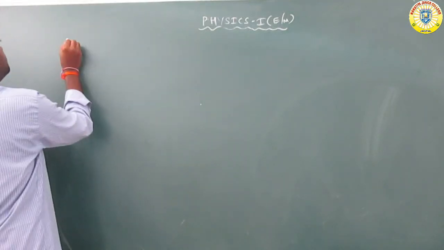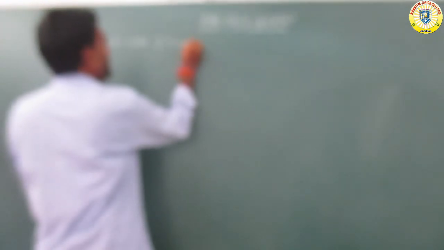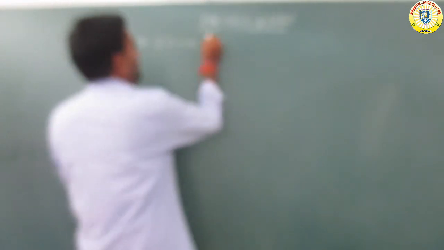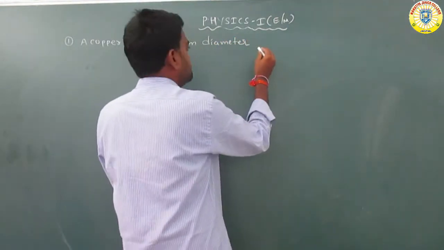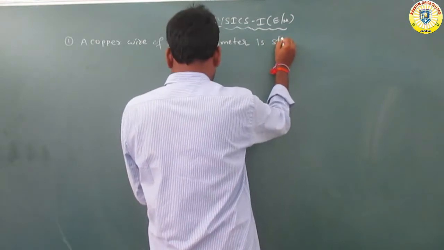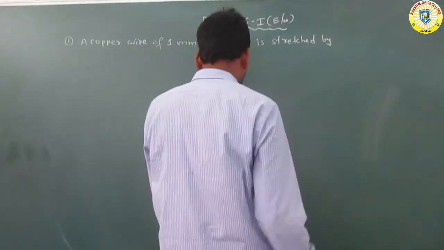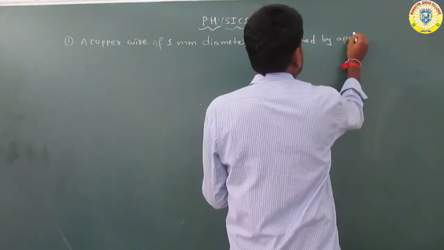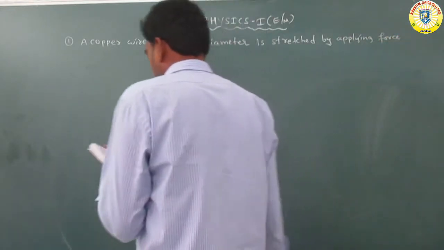First problem. A copper wire of 1 mm diameter, mm means millimeter, is stretched by applying a force of 10 newtons.